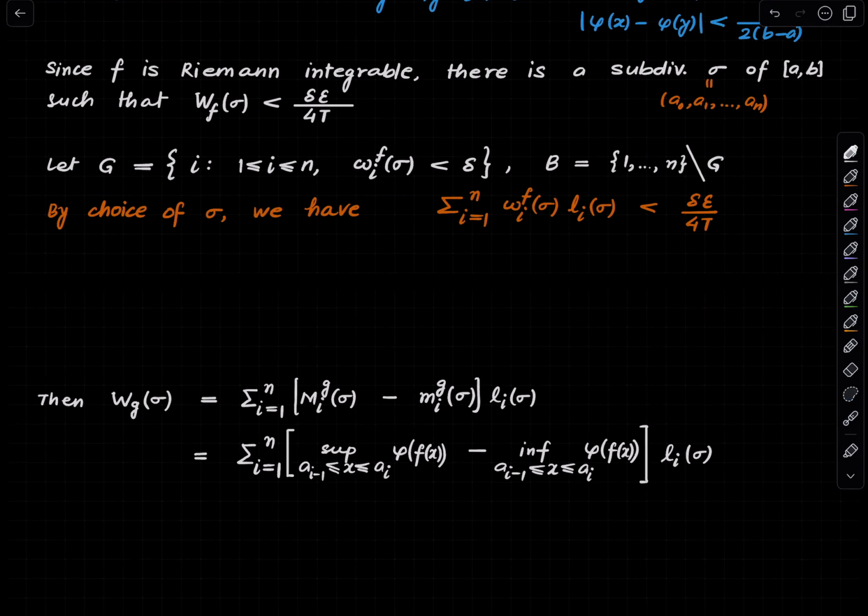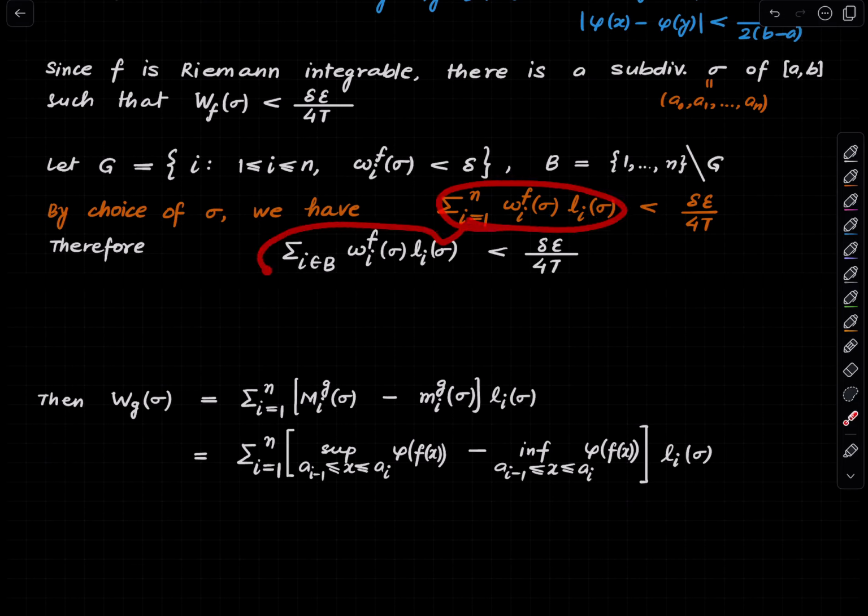We get that the bad parts... So this implies, therefore, if we just sum up over the bad parts, summation i running over bad parts, this is in particular small. The same bound, of course. You just dropped some terms to obtain that.